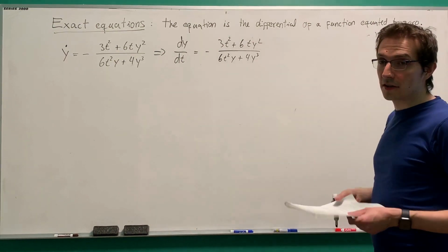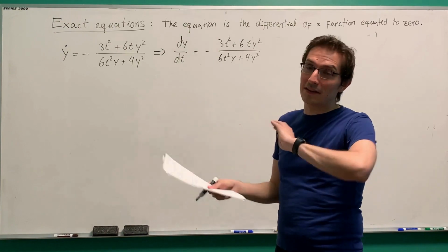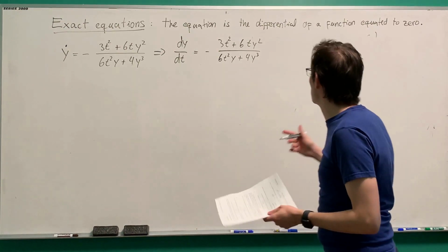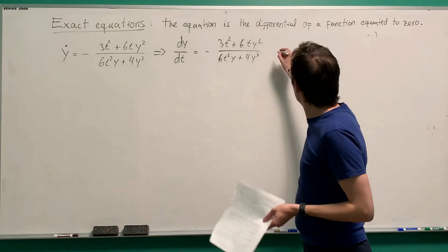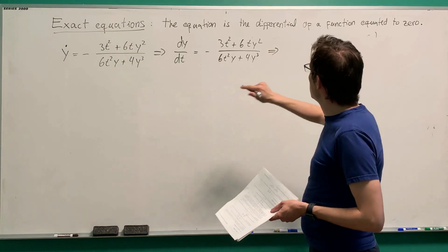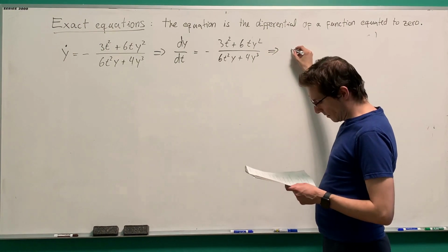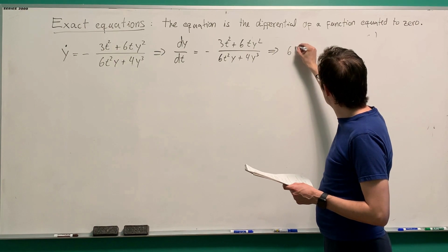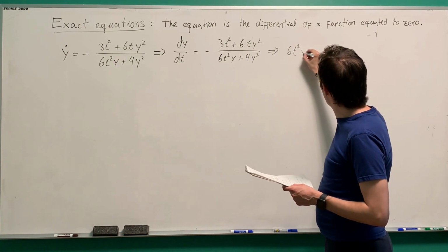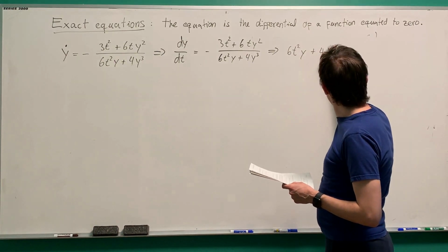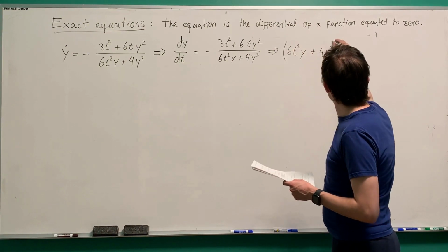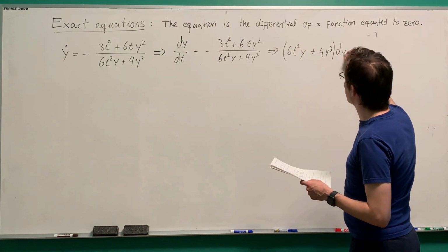Now, operating with the differentials, or multiplying, telling your mathematician friends not to look, of course, this is the non-rigorous way, you can check that this thing is, all right, awesome. So I have 6t squared y plus 4y cubed. That thing multiplies dy, right?